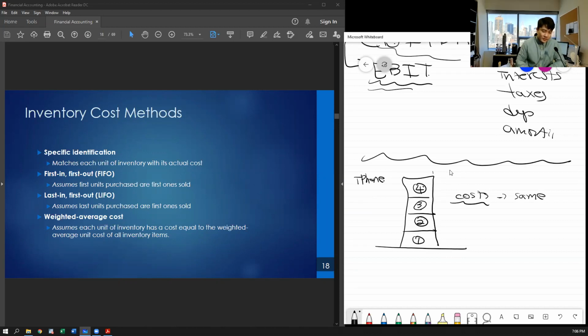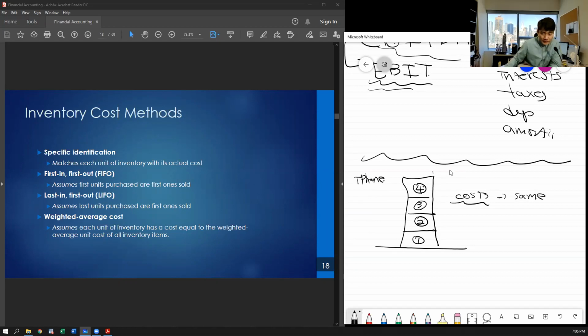The cost of raw materials for these four iPhones, same iPhones but different stacks, are the same. The electricity bills and labor costs, we have been assuming that all these costs are the same for different stacks of inventory, but in reality the costs vary all the time.